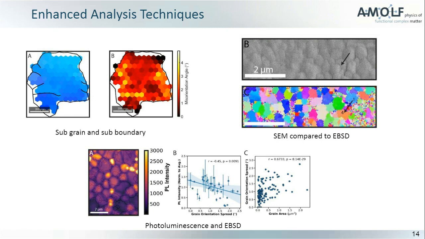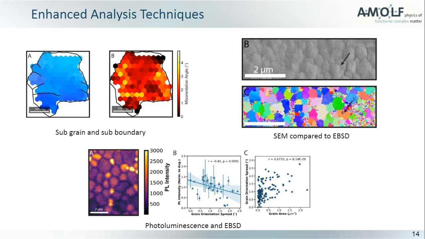This is also mentioned by Loretta. So for example, you look at this black arrow. In SEM, we see two clear large grains, but actually in EBSD we see 4 different colors. So that basically means there are more orientations within this one grain.